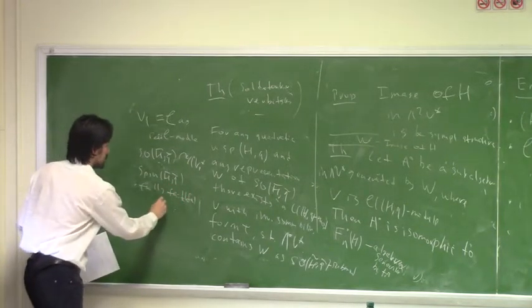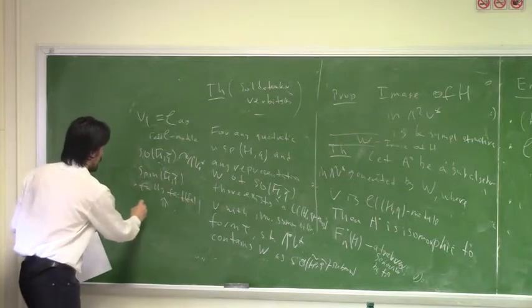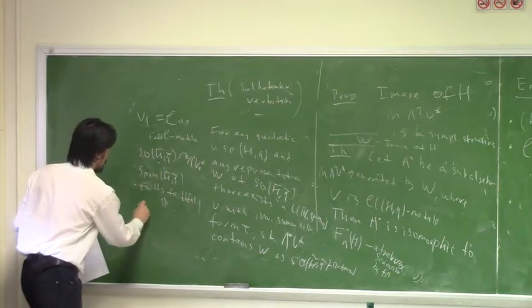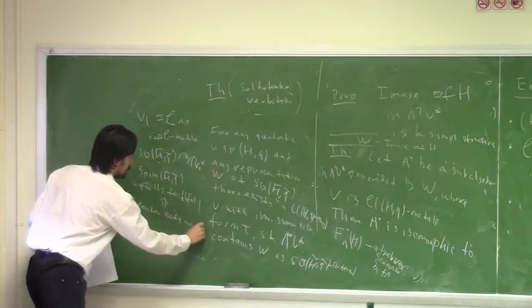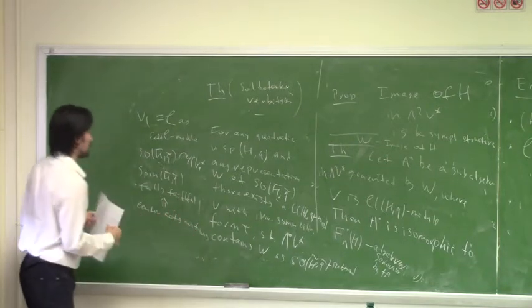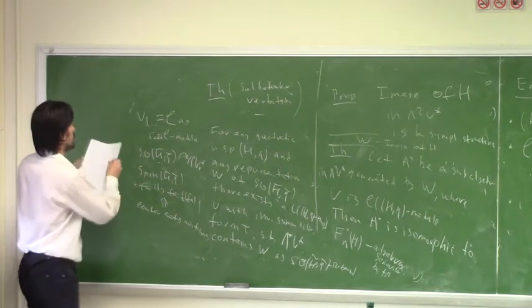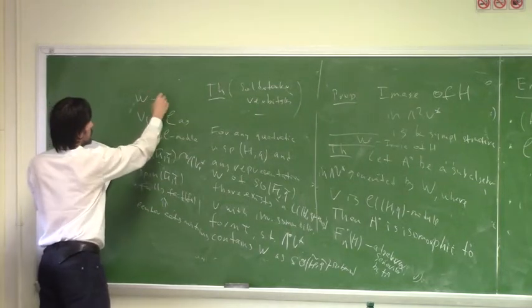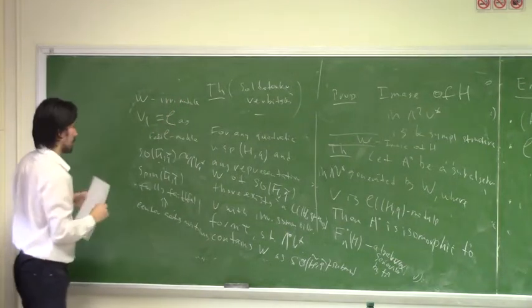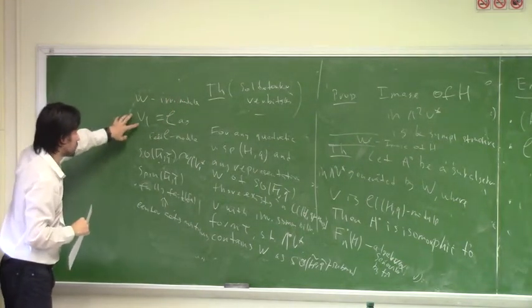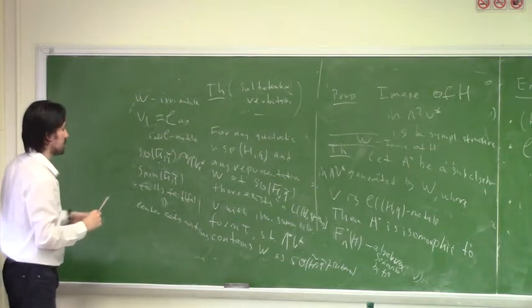To do this, we need to prove that the center acts non-trivially. So let us assume that W is an irreducible module, first of all. So the center acts non-trivially, we need to check it.